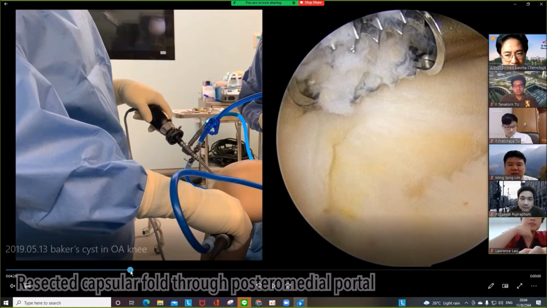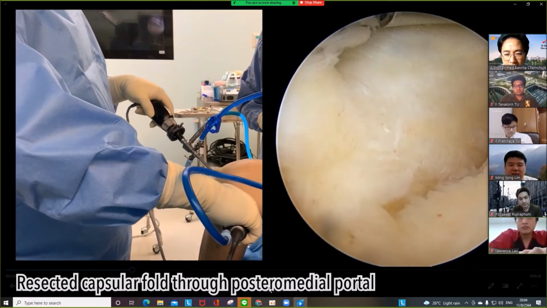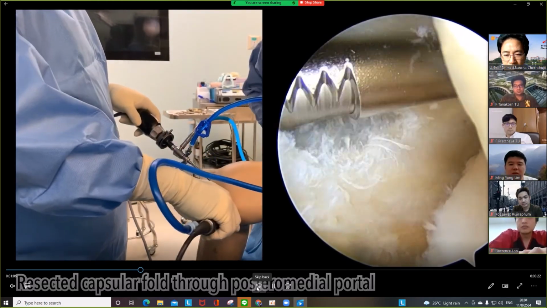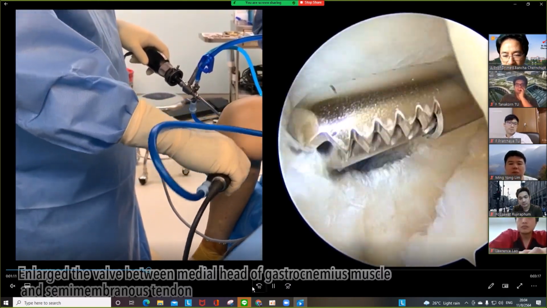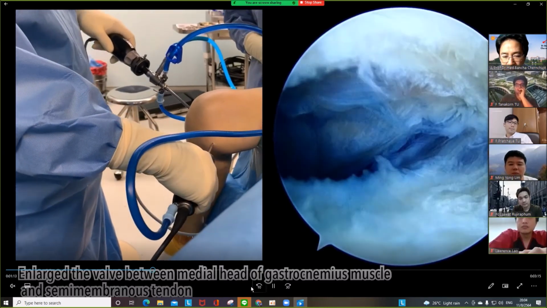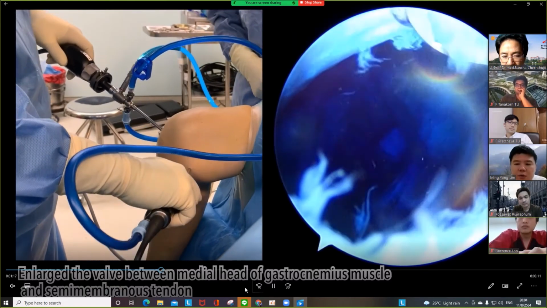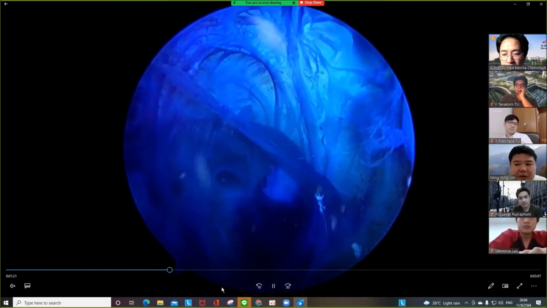Correct. When we get in here, I try to find the valve, and after you remove the posteromedial capsule, you can see it's connecting like this. So the valve is big enough, we can see the valve at that area. Yes, right.